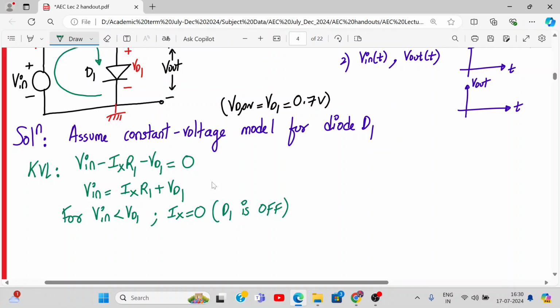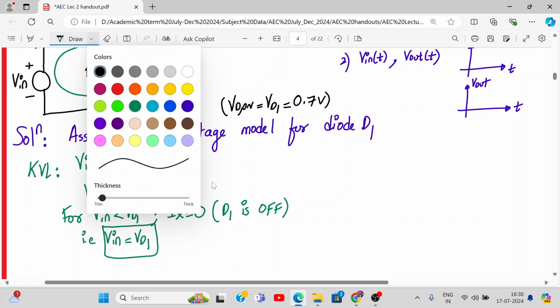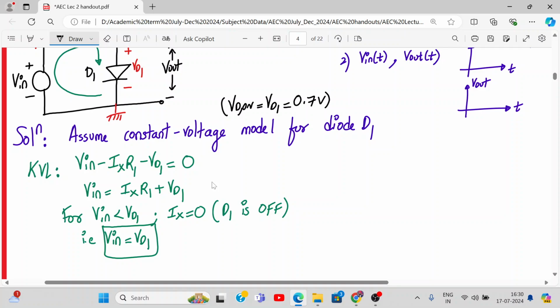In this case, if Ix is 0, what is Vin equal to? So what will be my circuit now? Diode is off, so how will I draw it?